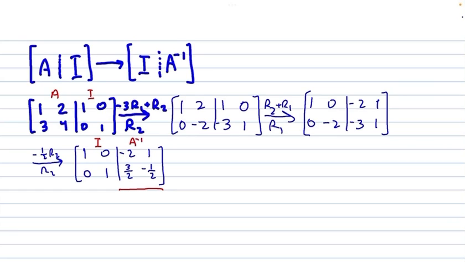Okay, now just to do a quick check, let's look at it. Once again, if A is equal to 1, 2, 3, 4, let's look at the other method. A inverse, if we can remember, that's going to be 1 over 4 minus 6. I'm just going to show every step.